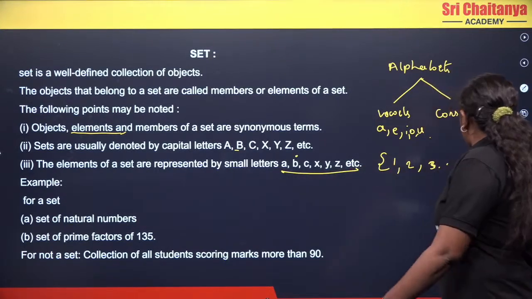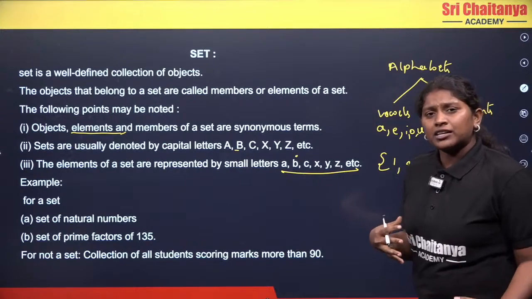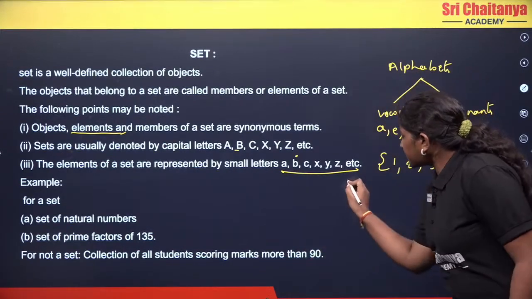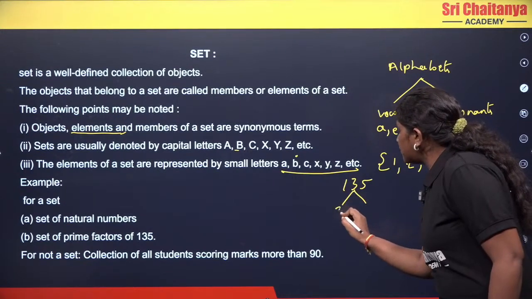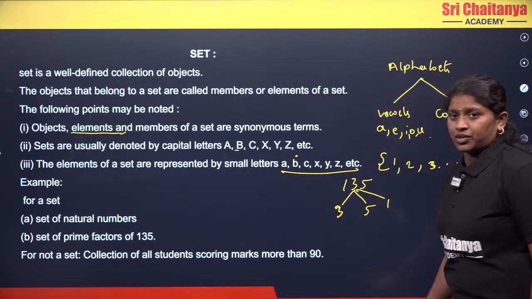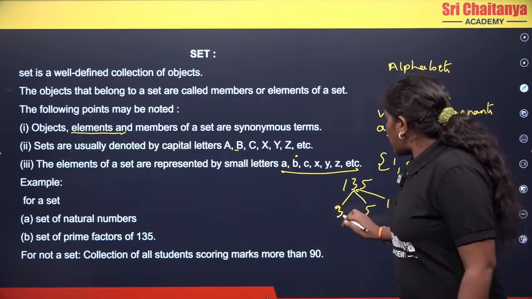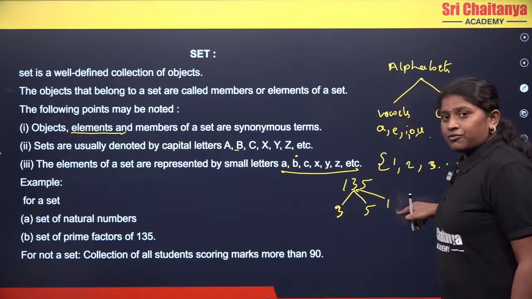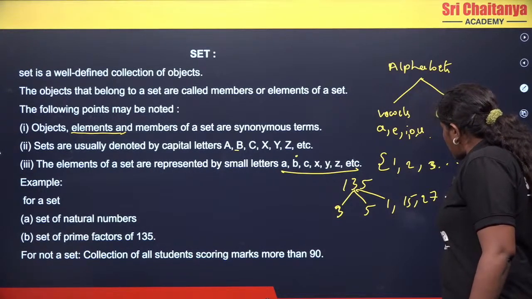Coming to the next, the set of prime factors of 135. How can we find the prime factors of 135? First of all, we go for prime factorization. If we do the prime factorization of 135, we get the prime factors 3 and 5. So we get the prime factors of 135 as 3, 5 and so on.